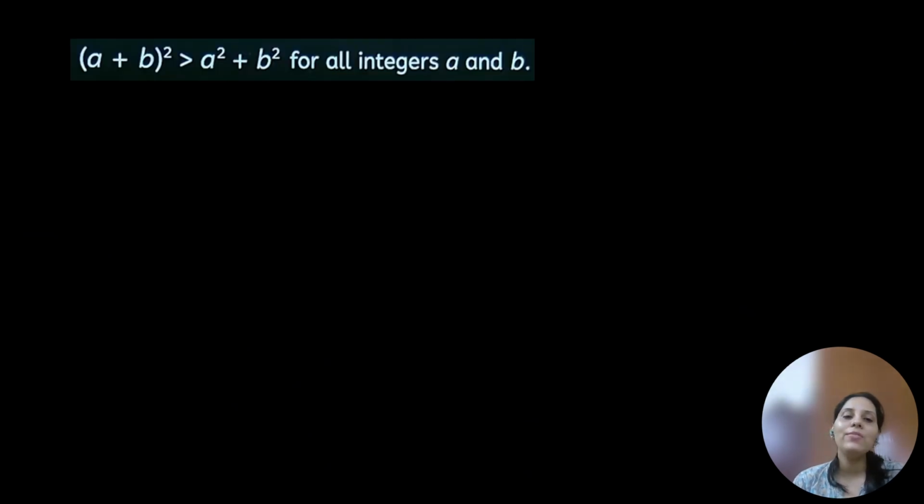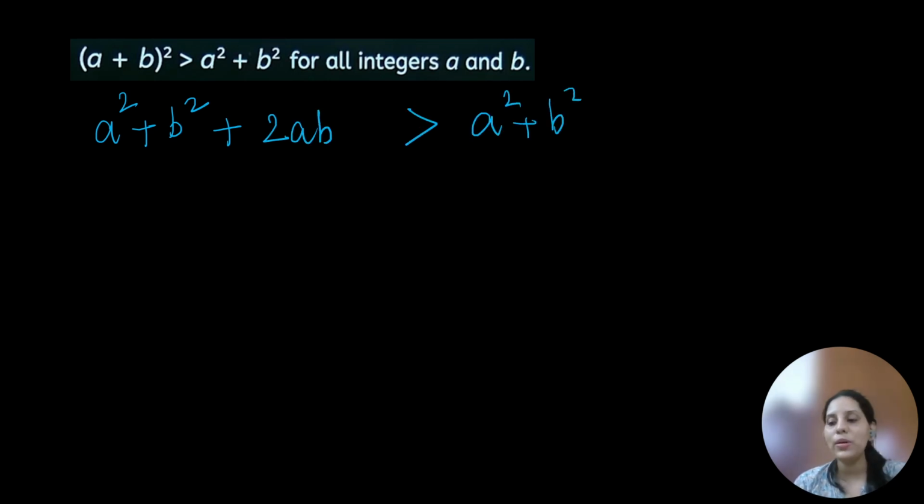Next up we have: (a + b) whole square is greater than a square plus b square for all integers a and b. Is it true? So let us find out. Firstly, (a + b) whole square is a square plus b square plus 2ab, greater than a square plus b square. This is given. Now let us assume a is negative.